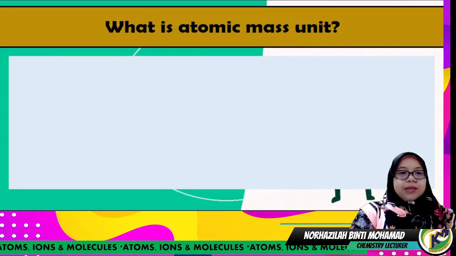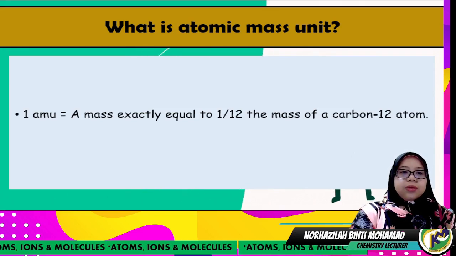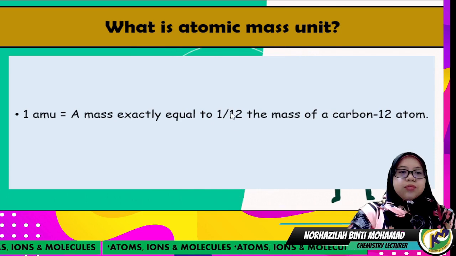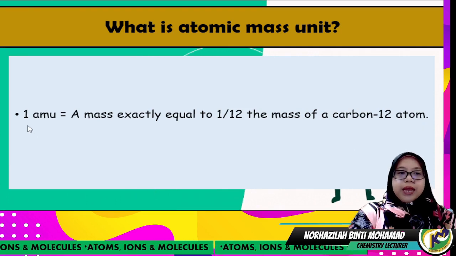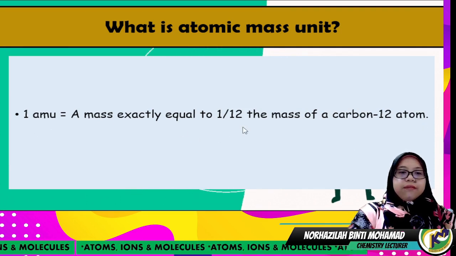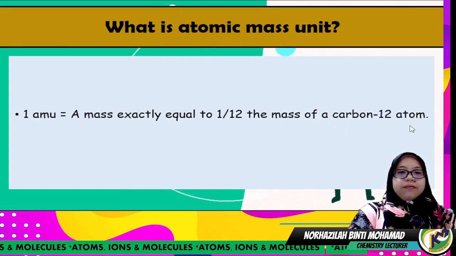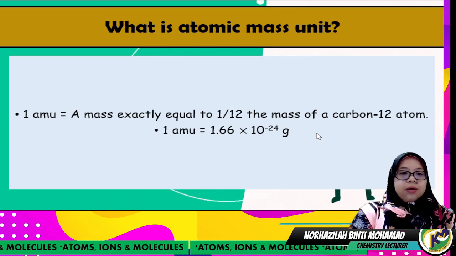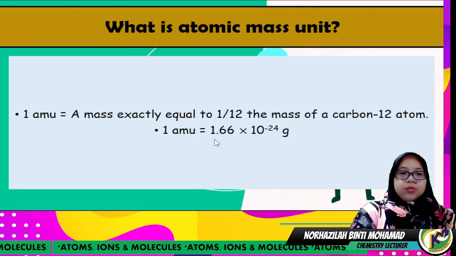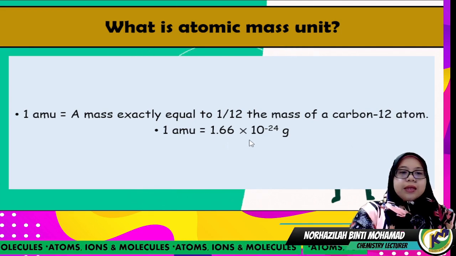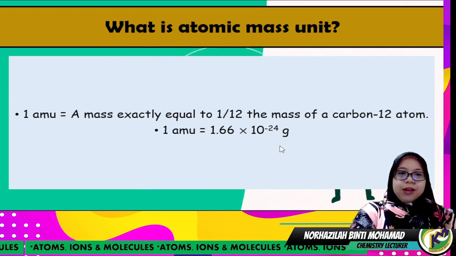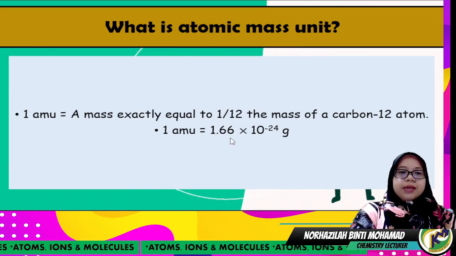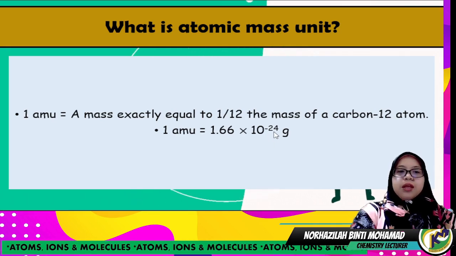So what is the atomic mass unit? 1 AMU is exactly equal to 1/12 the mass of a carbon-12 atom. 1 AMU is also equal to 1.66 times 10 to the power of negative 24 gram.